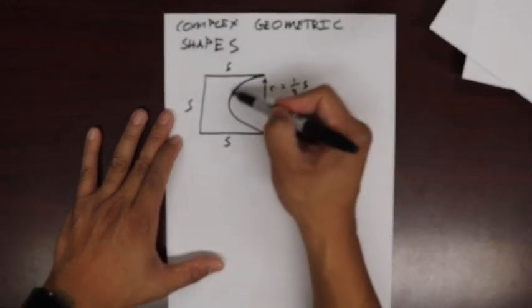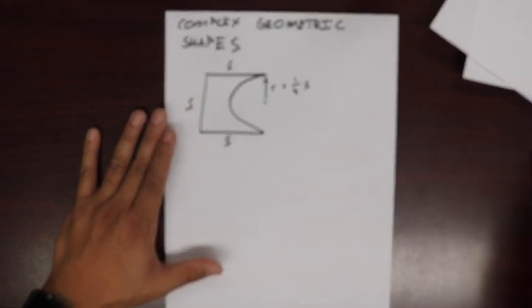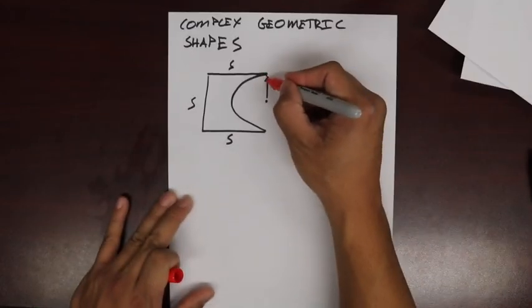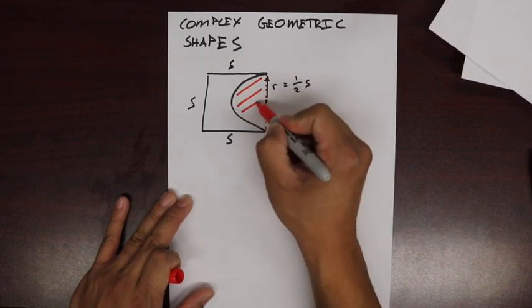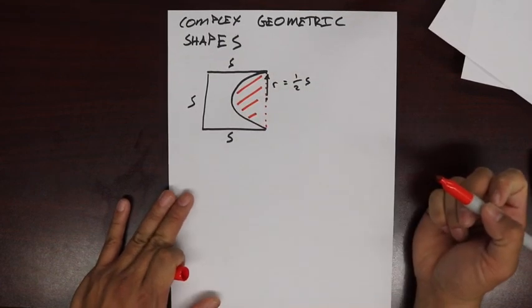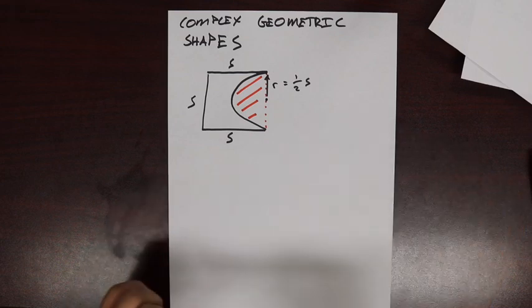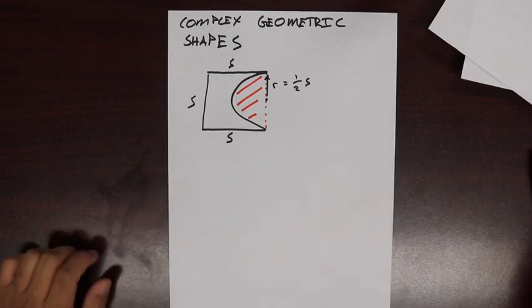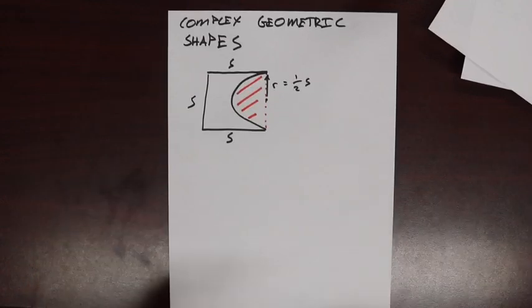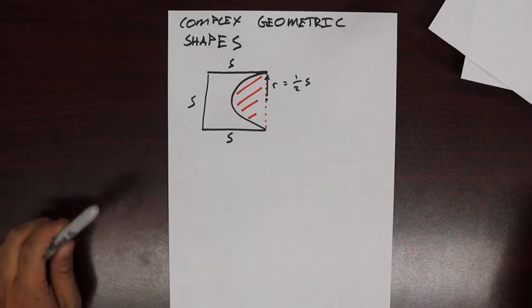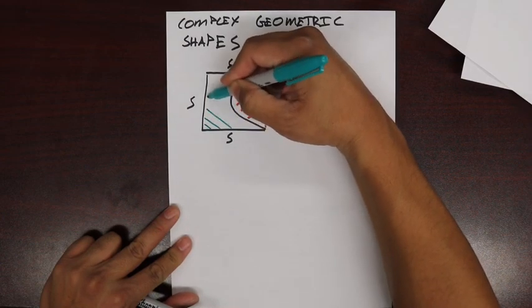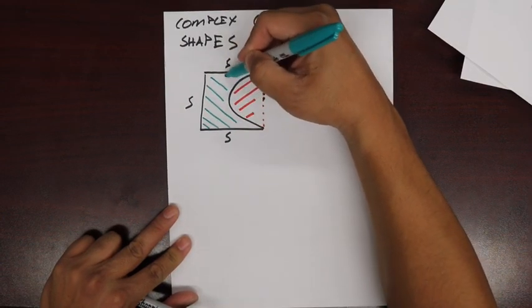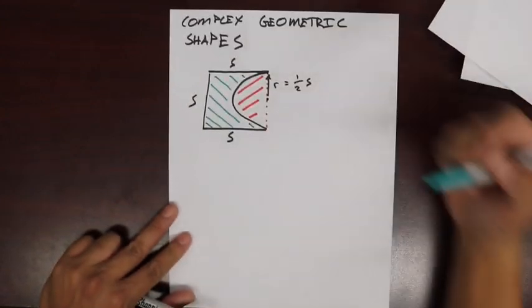Essentially, this particular shape, this lined out area, we're going to postulate is a half circle, although it doesn't actually look like one. Now in this specific problem, we want to find the area of the green lined in space.